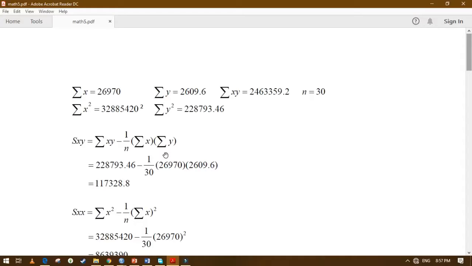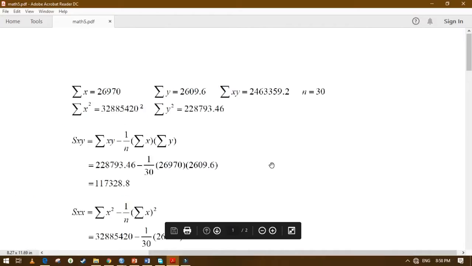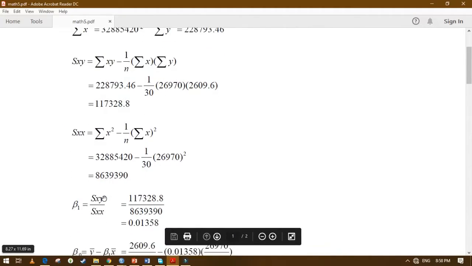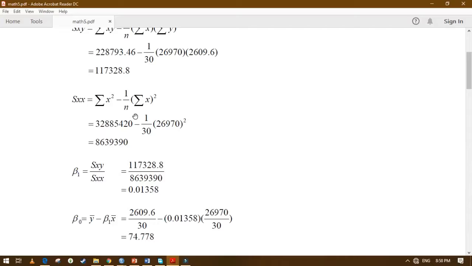After we input the values, we get SXY equal to 117,328.8. And then for SXX, the formula is summation of x squared minus 1 over n multiplied by summation of x squared. By inputting the numbers, we get SXX equal to 1,639,390.